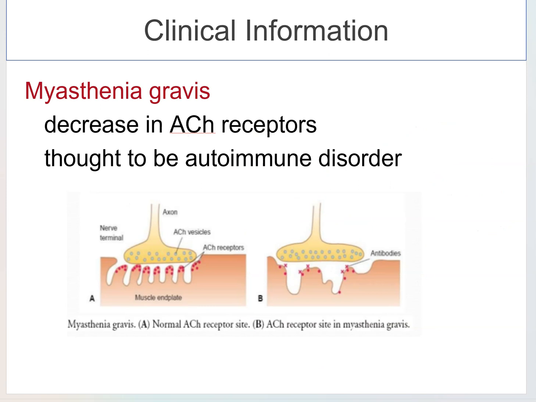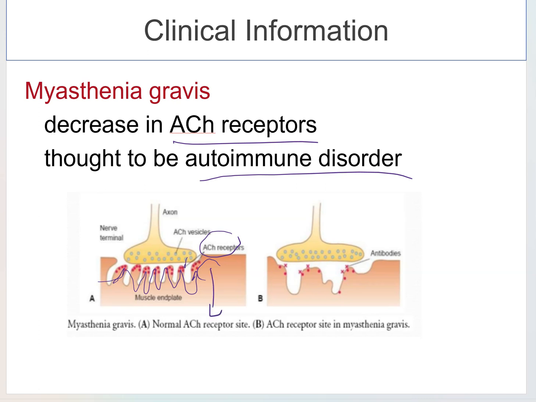You may have heard of myasthenia gravis. This is an autoimmune disease. An autoimmune disease is when the immune system attacks your own cells. In this case, it attacks the acetylcholine receptors. So again, we have our motor end plate, and we have the ACH receptors as the little red dots. Acetylcholine diffuses across the cleft, binds to the receptor, and we depolarize the muscle.